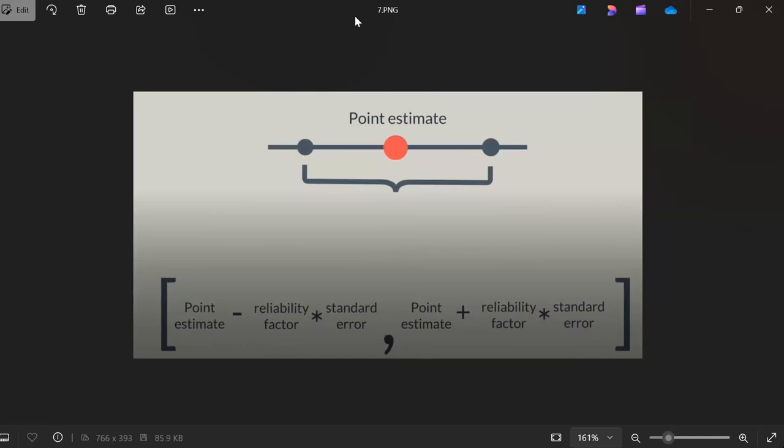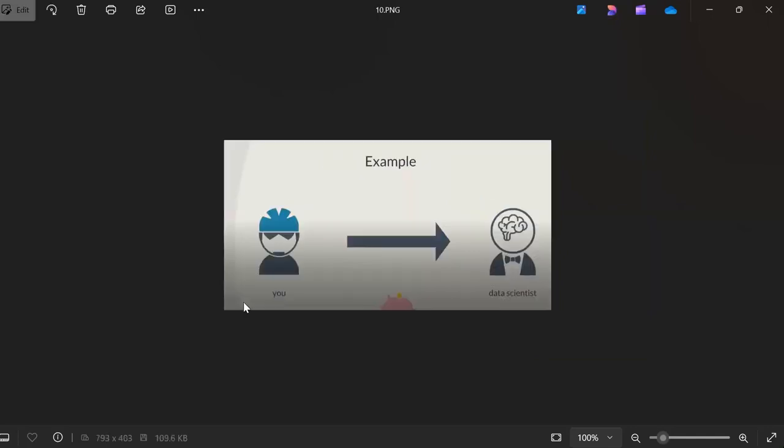Don't you think we write like this? A minus B, comma, A plus B is equal to A plus or minus B. Can we write this or not? This is the same formula, point estimate minus plus, and we can split it into two parts.